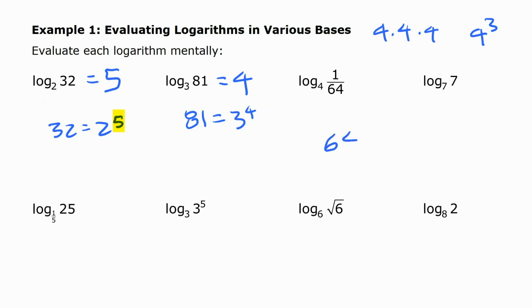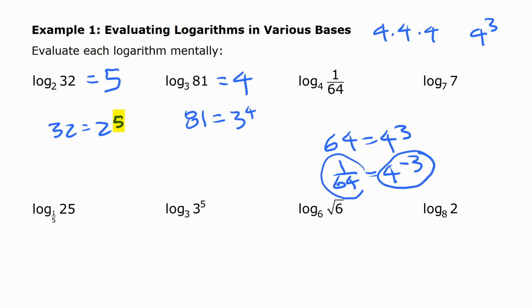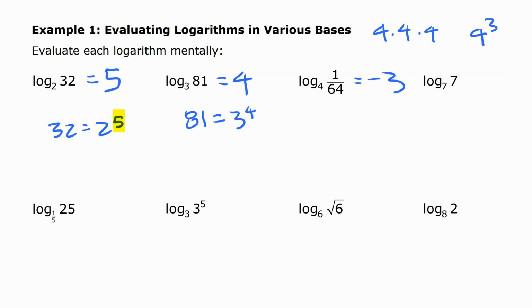If 64 is 4 to the third, 1 over 64 is 4 to the negative 3. That's an exponent law I hope you've seen before. A negative exponent means the reciprocal of the same thing with a positive exponent. So 1 over 64 is 4 to the negative 3, so the logarithm base 4 of 1 over 64 is negative 3.